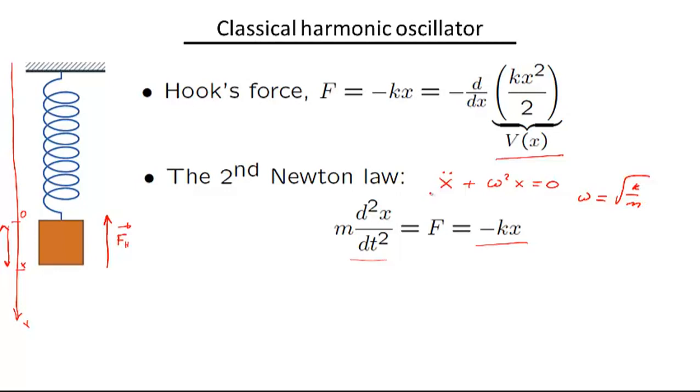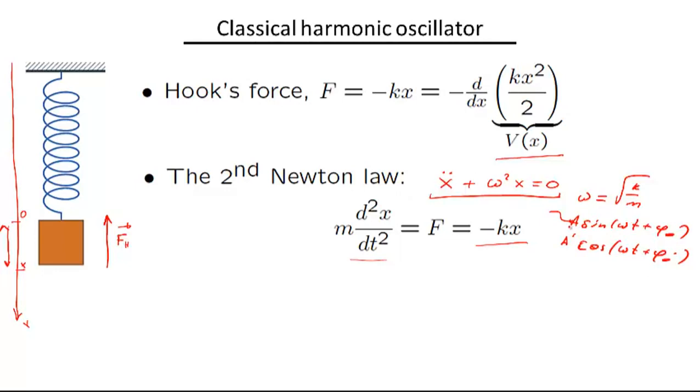And a solution to this differential equation is sines or cosines with some arbitrary phases, and it's up to us which solution to choose. There will be some amplitude here, so we can choose a sine or we can choose a cosine.